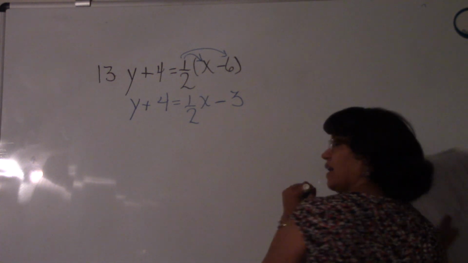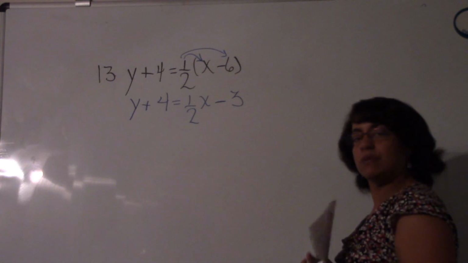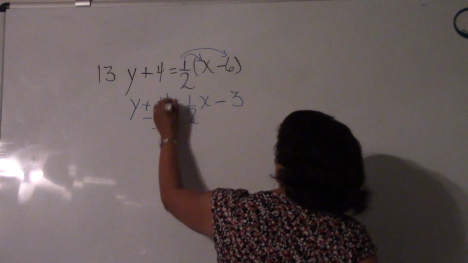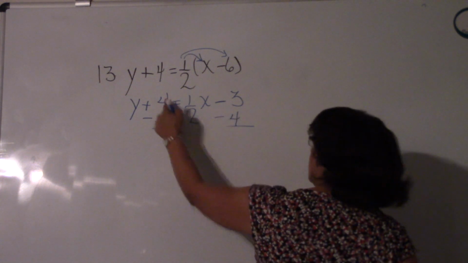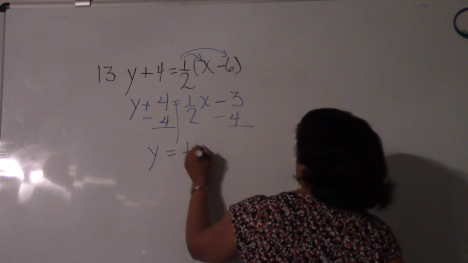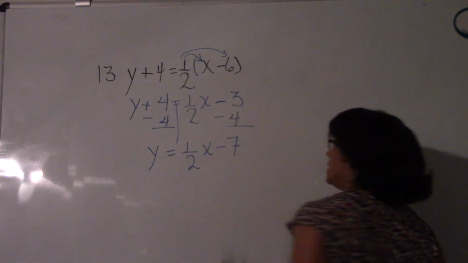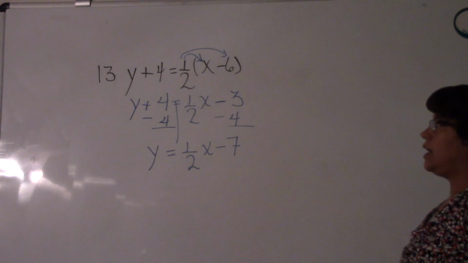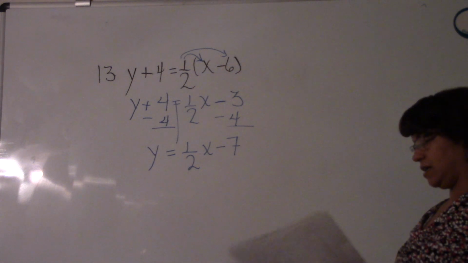And we still don't have y alone, so what has to be moved? 4. So we're going to move 4 from one side of the equation to the other using inverse operations. And we get y is equal to 1/2 x minus 7. So that is the answer to number 13. And now let's do number 14.